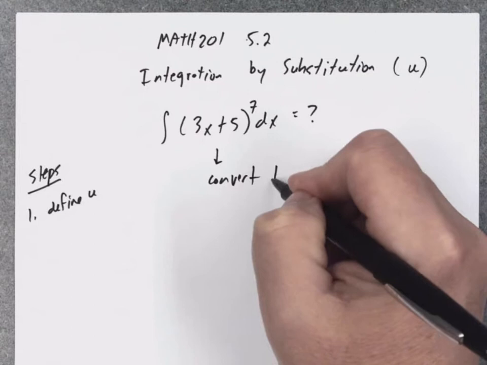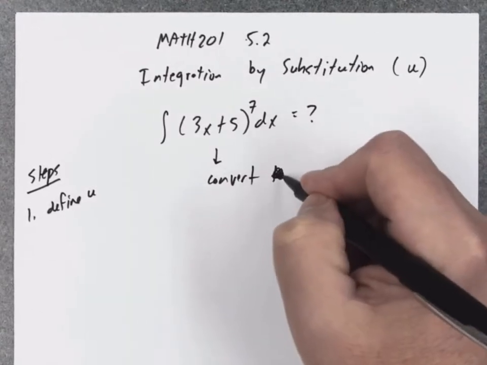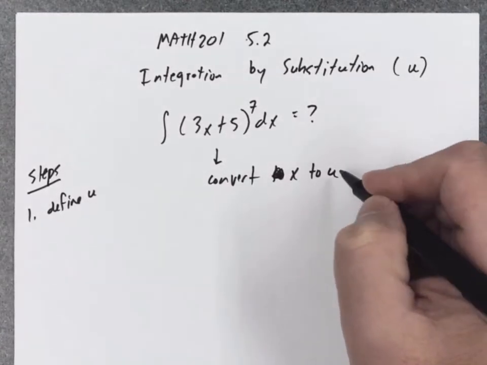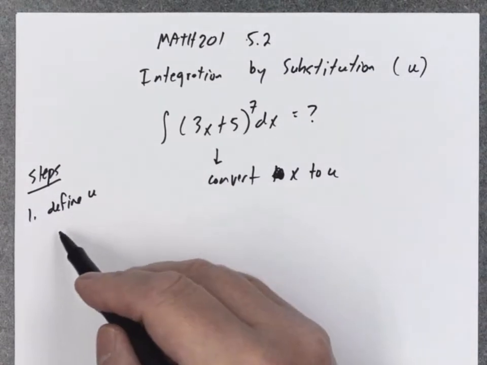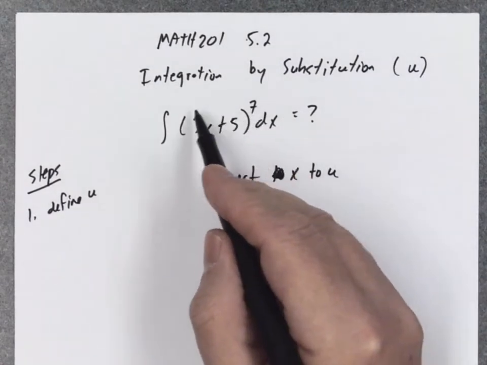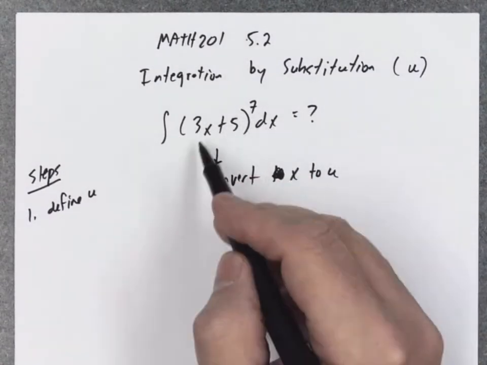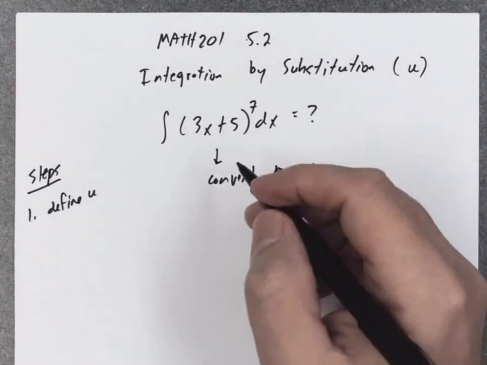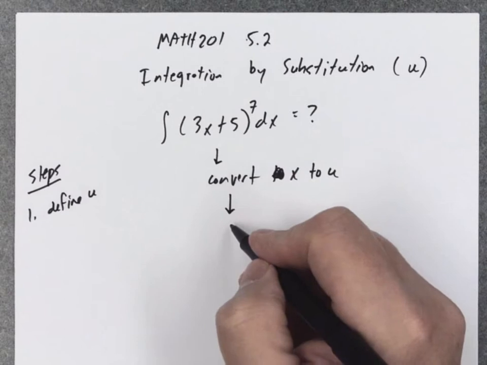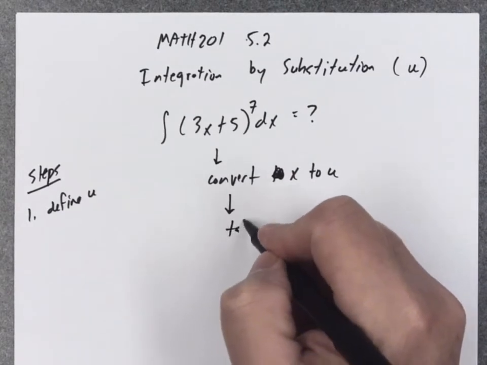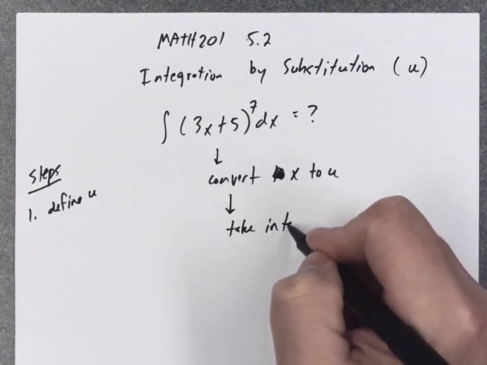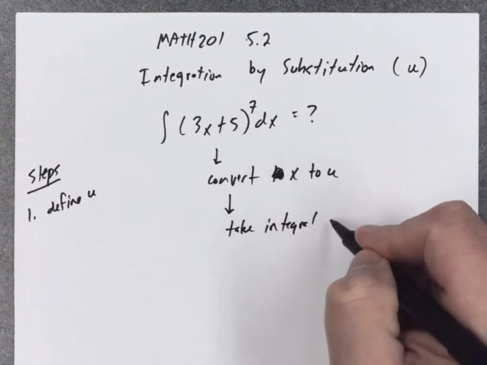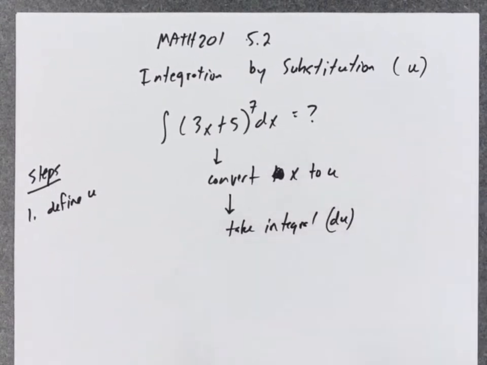So I'm going to convert x to u. When I'm done with the first couple of steps, instead of seeing x's in this integral, you'll see u's. The reason I do that is because when I convert it to u's, then I can take the integral with respect to u.